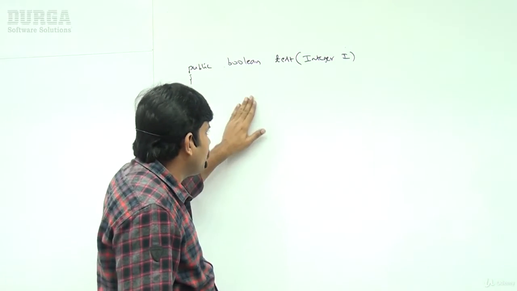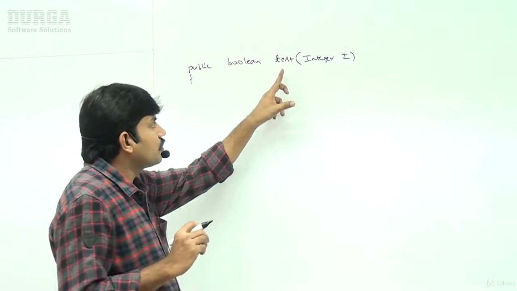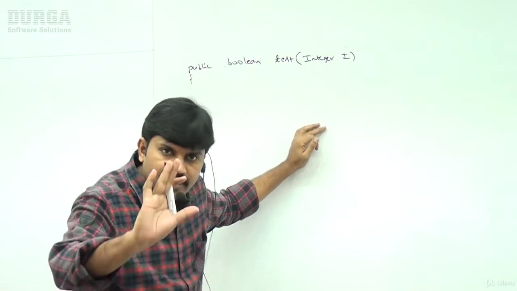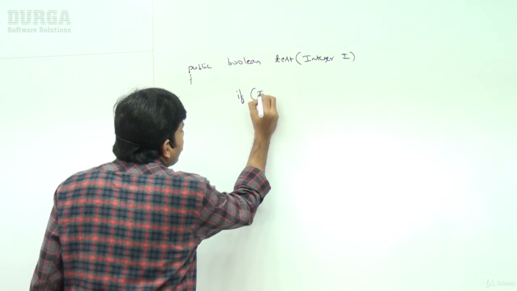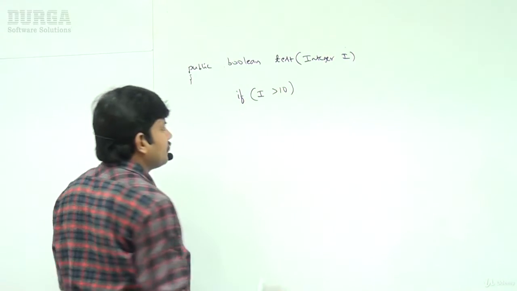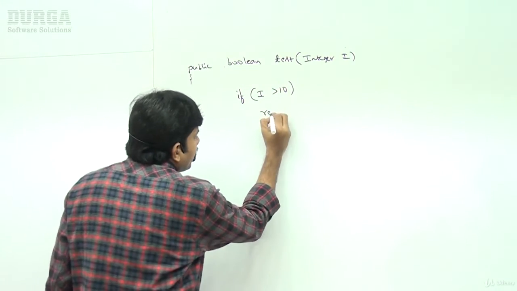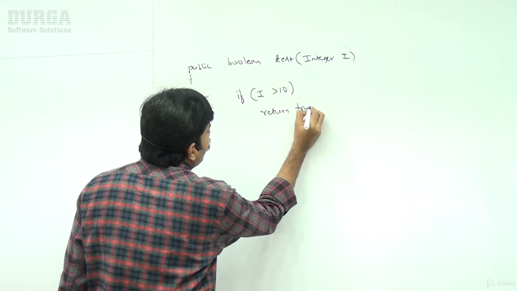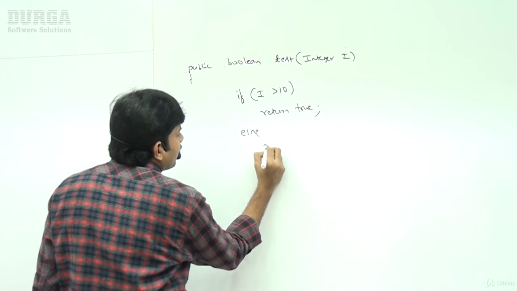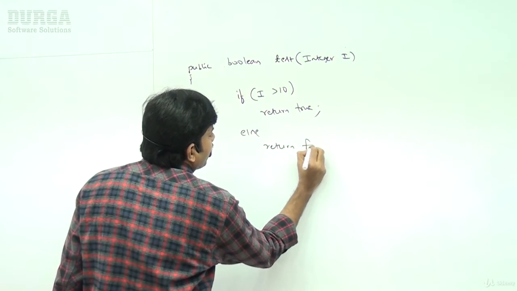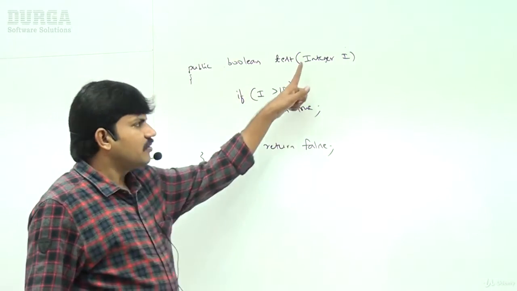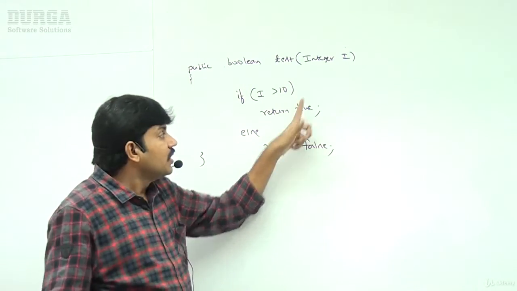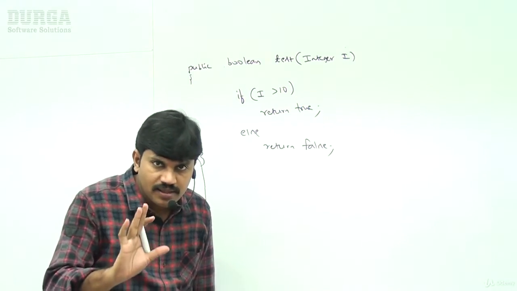Now this test method is going to check whether this number is greater than 10 or not. If i greater than 10, return true. Else return false. A simple conditional check whether the given number is greater than 10 or not. Is it clear, right?